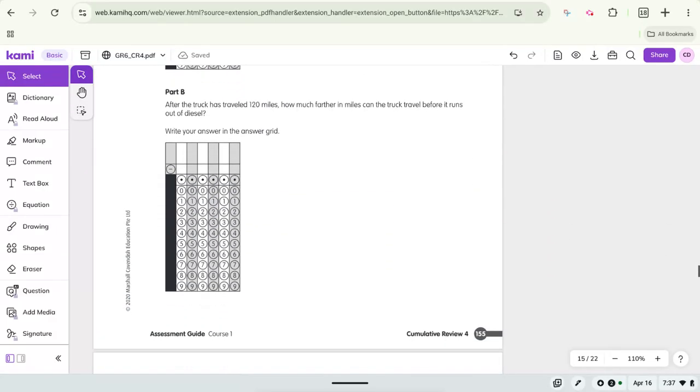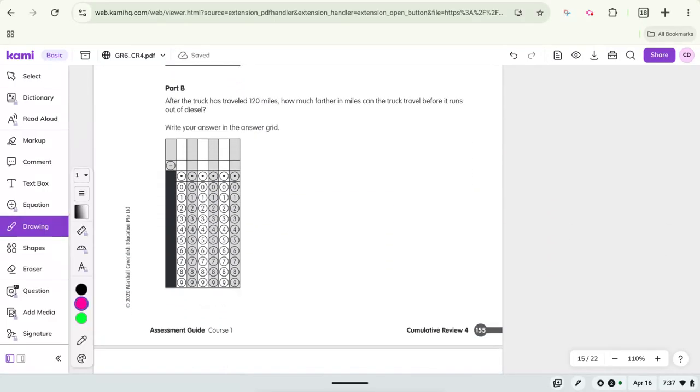All right. So after traveling 120 miles, we have 15 gallons of diesel remaining. That was not the question. The question says, how much further in miles can the truck travel? So if we have 15 gallons of gasoline left, how far can we travel?